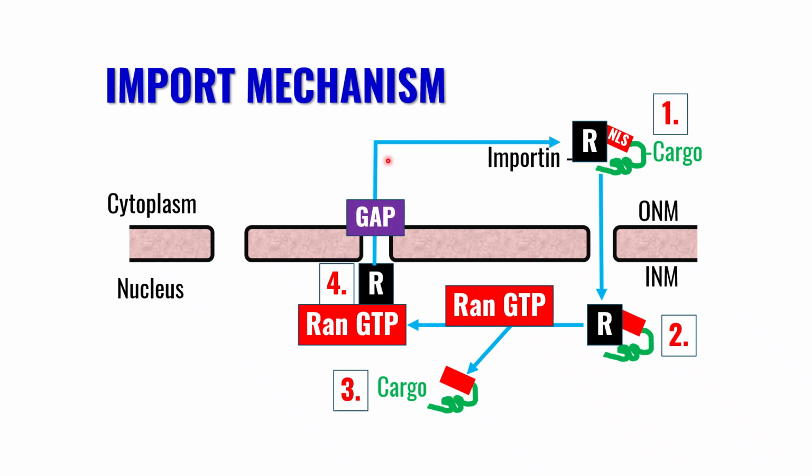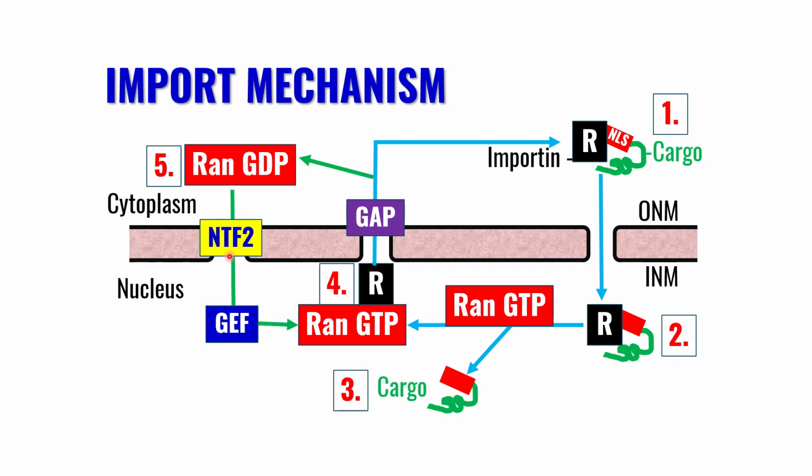As a result of that, importin or the receptor is liberated, producing Ran-GDP, which in step 5 is transported back to the nucleus by the action of NTF2 or nuclear transport factor 2, which in the nuclear compartment is converted into Ran-GTP with the help of GEF or guanine exchange factor. So in the nucleus you have a high concentration of Ran-GTP, whereas a low concentration in the cytoplasm, and this concentration gradient is maintained and is important for the normal functioning of the import mechanism of the nucleus.